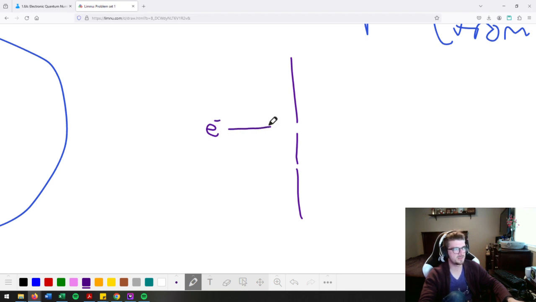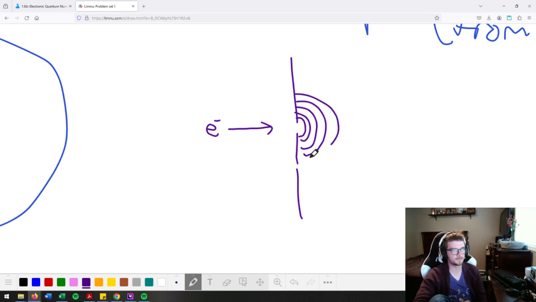Okay, so let's just say that the electron is approaching the double slit. Once it gets to the slit, its position is confined, and so its momentum becomes highly uncertain, and it can take on any of a number of vectors from that slit. So it can go this way, that way, that way.